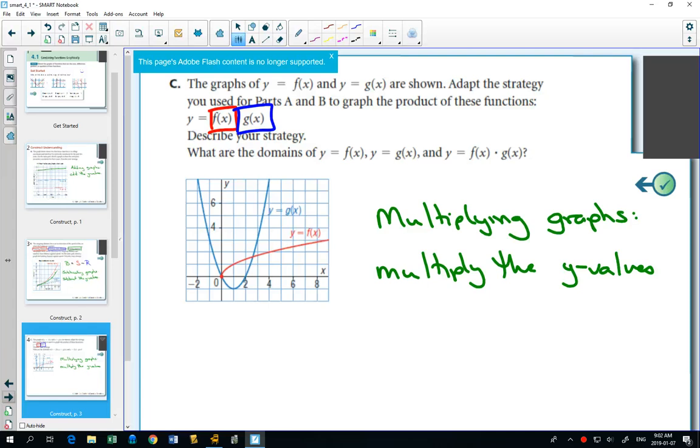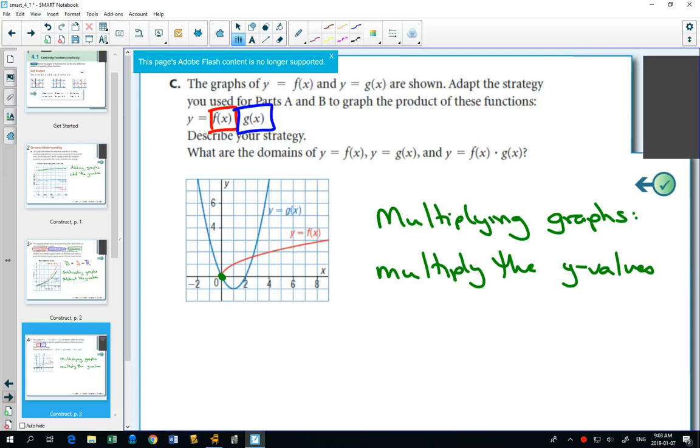So you can look on your graph and say, where is my red graph 0? My red graph is 0 right here. It wouldn't matter what the blue graph is. The blue graph happens to be 0 as well, but it wouldn't matter, because 0 times anything is 0. So if I look at all the places where my red graph is 0, I get that point.